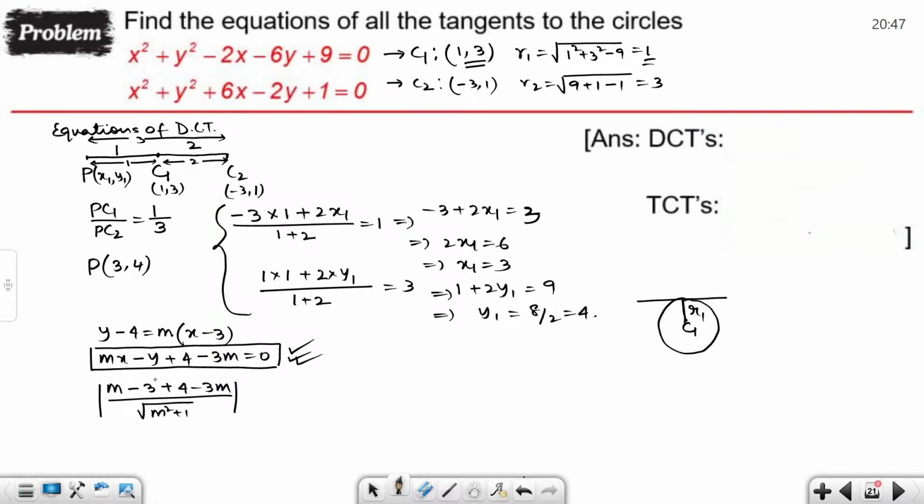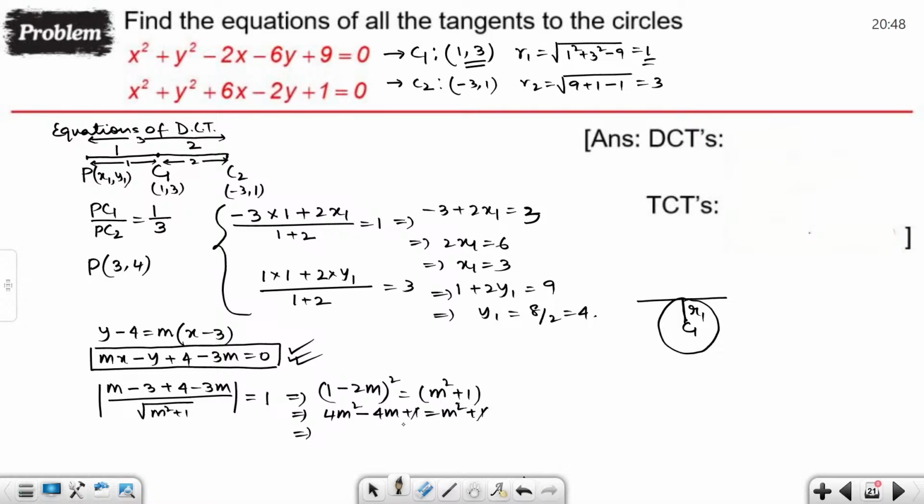So the perpendicular distance is this, which equals its radius. In this case, it is 1. So we are having (1 minus 2m) whole square. I'm squaring both sides. You are getting that thing as m square plus 1. So from here we are going to have 4m square minus 4m plus 1 equals m square plus 1.